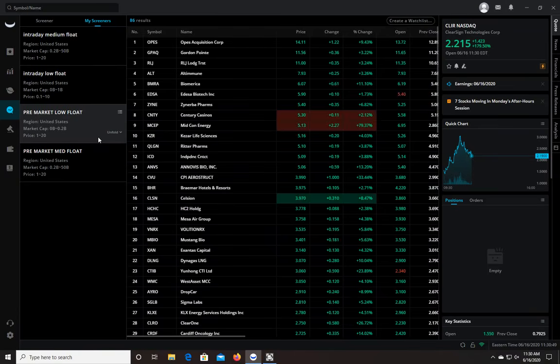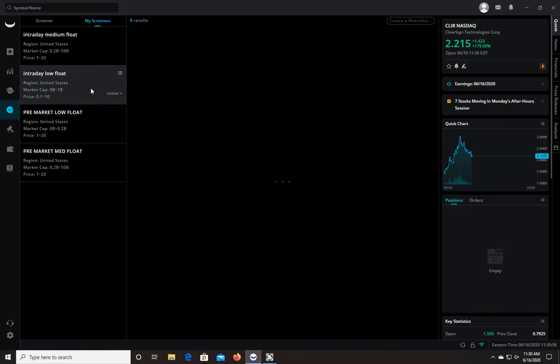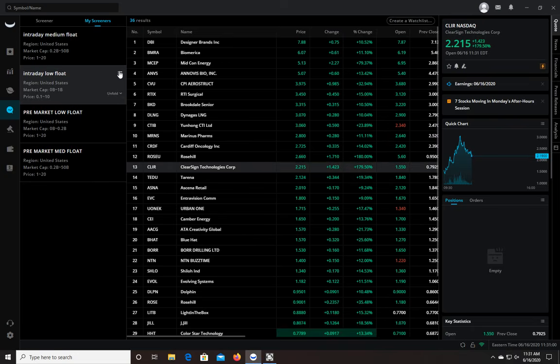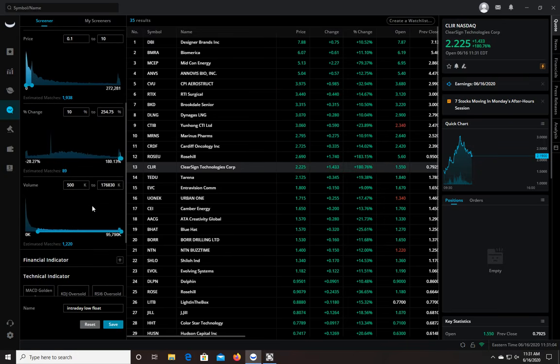So that was my pre-market low float, and I have my intraday low float, which is essentially the exact same screener, except the volume is set a little bit higher, not that much, but just because in the pre-market hours you're not expecting a lot of volume.